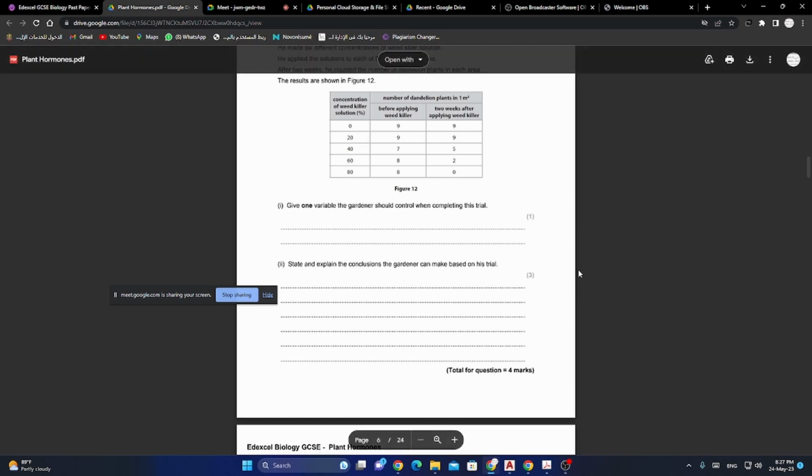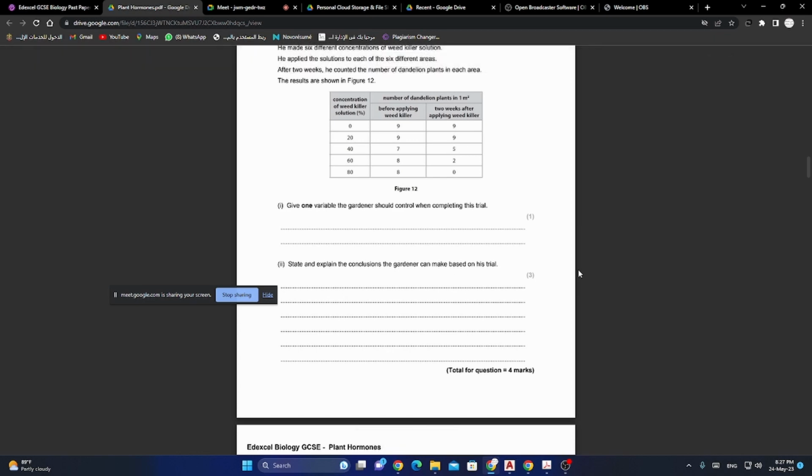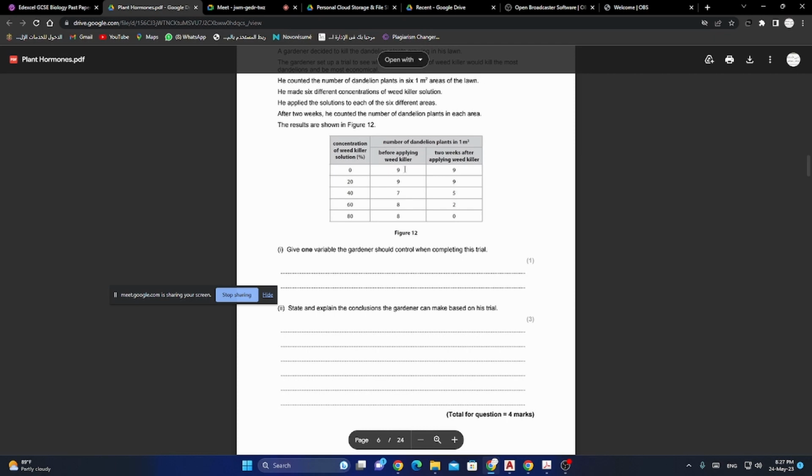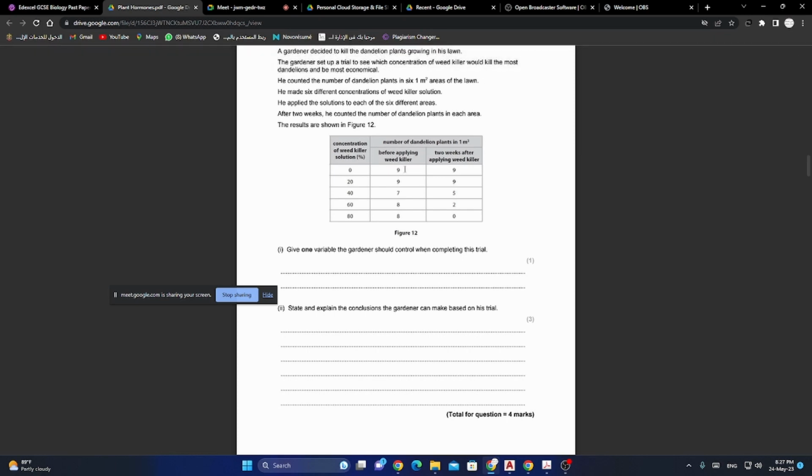State and explain the conclusions the gardener can make based on his trial. What conclusion can he come to after this trial? Okay, state and explain, right? So you have to state and explain.